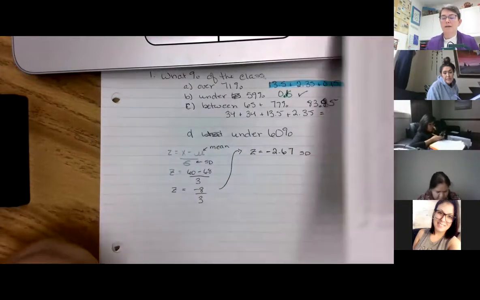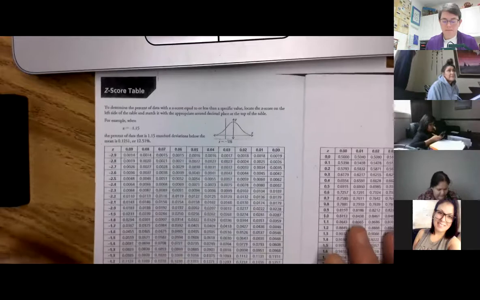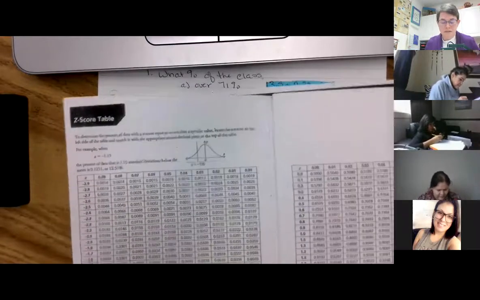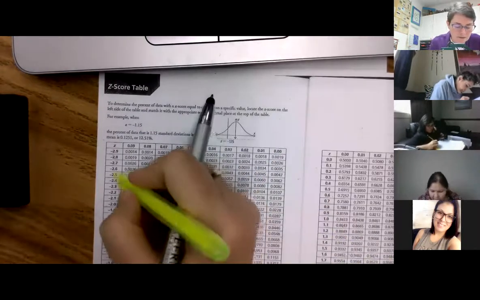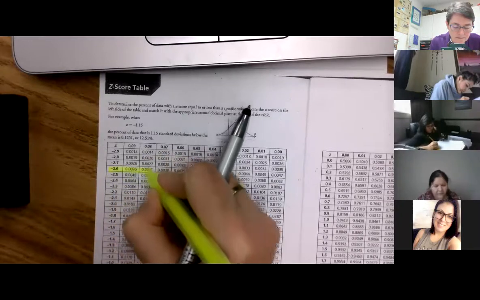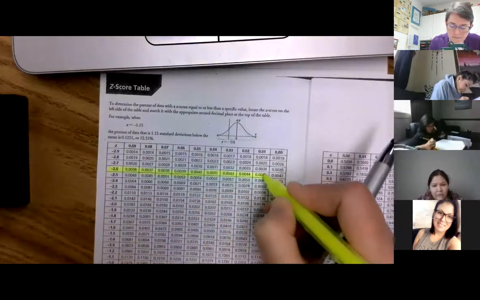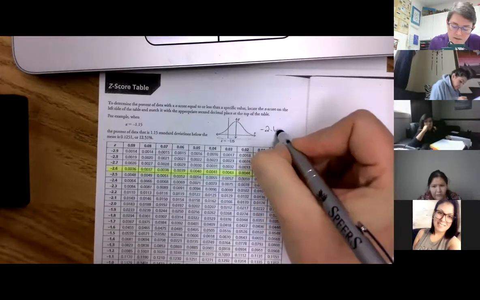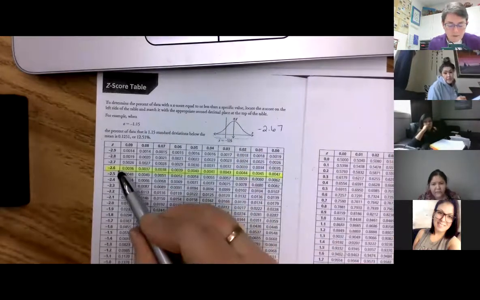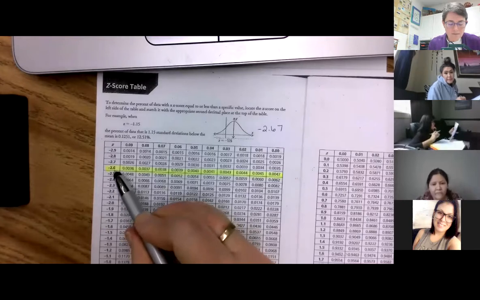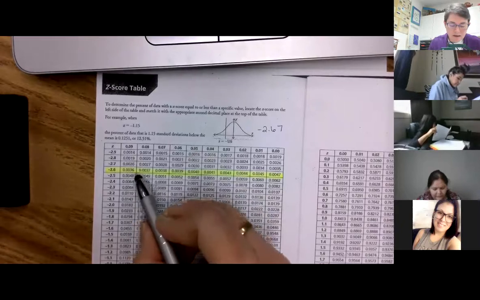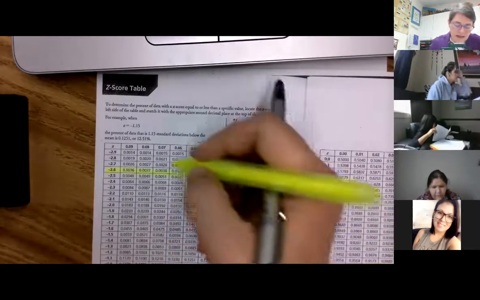So then we get our handy dandy Z-score table, and I need negative 2.67. So I look up negative 2.6. The first 2 numbers come from this row, this column, and then I need 7 as my last number.